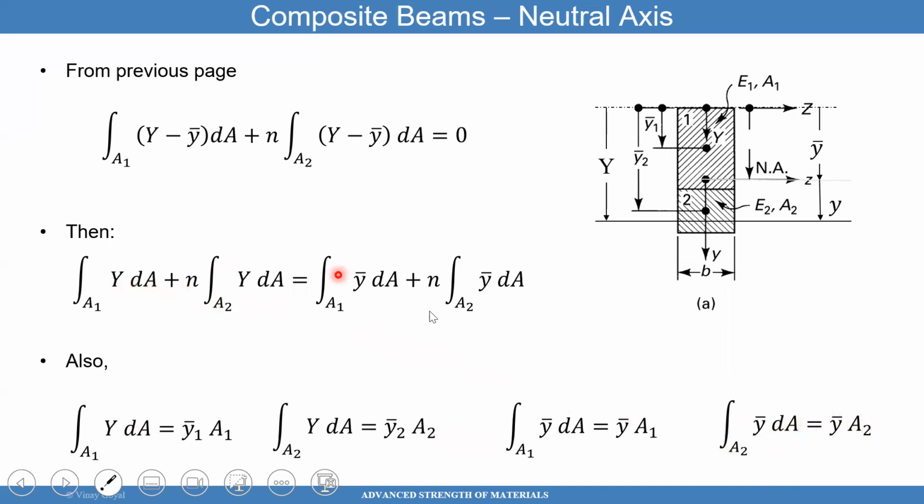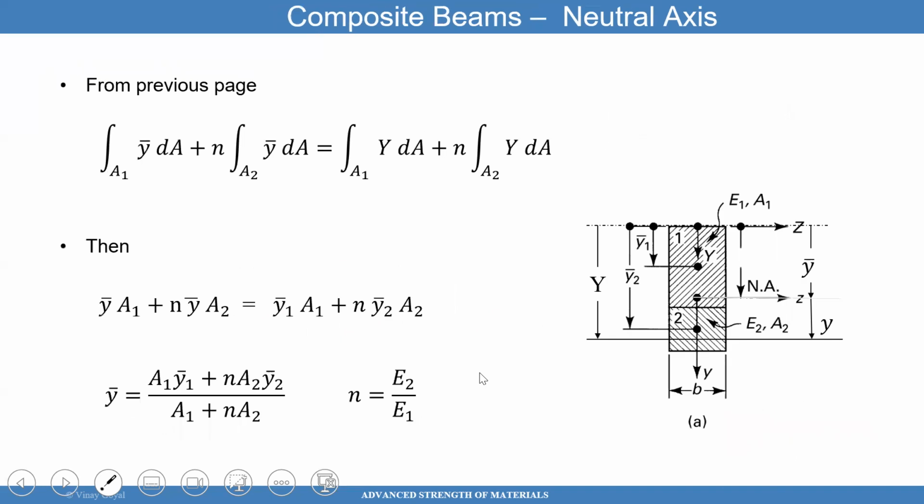So I've simplified some of these, and I can now plug in what I got of this equation. Then this whole thing simplifies into the centroid of the whole cross section, Y bar, times A1, the area of this part, plus n, which I had defined as the ratio of the modulus, Y bar, again, that's the location of the neutral axis, times A2, the cross-sectional area A2.